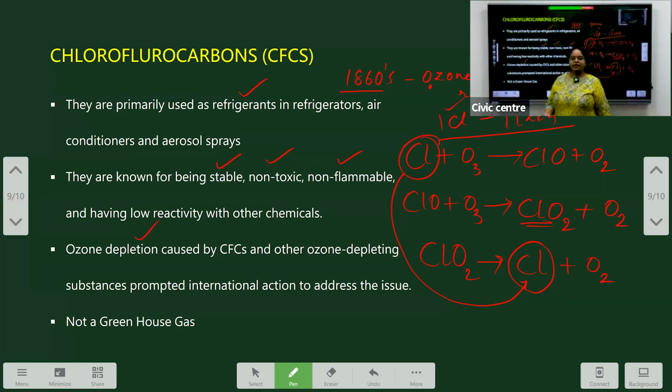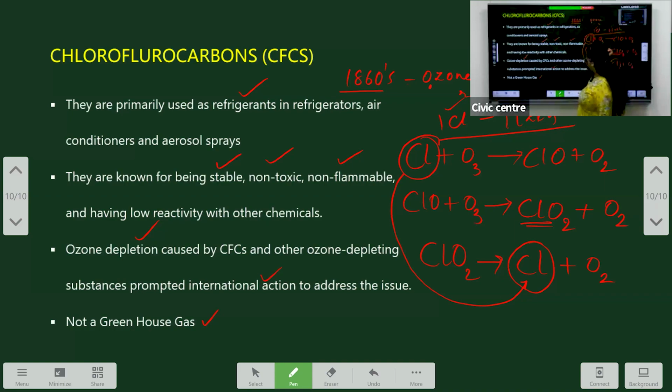And hence, there were international actions taken to reduce the ozone depleting substances and to find an alternative to it. And chlorofluorocarbons are not a greenhouse gas. They do not increase the surface temperature, but they are ozone depleting gases.